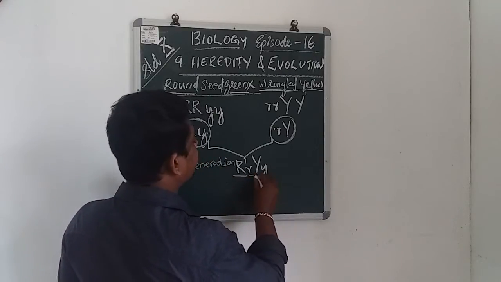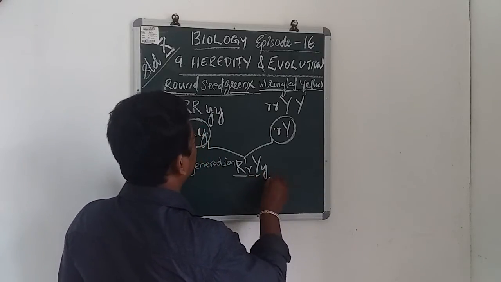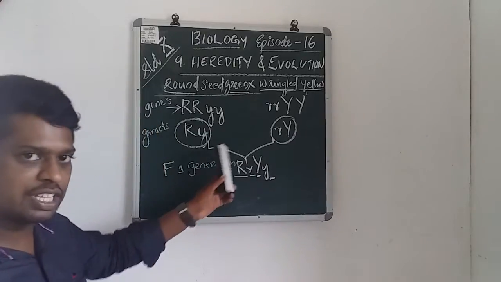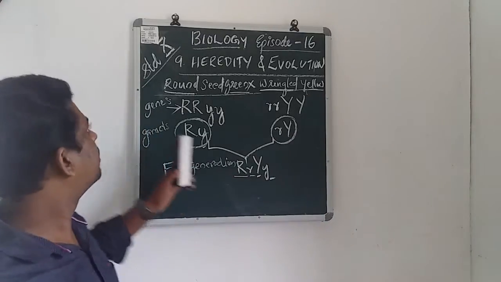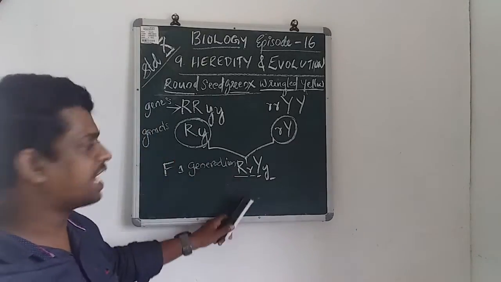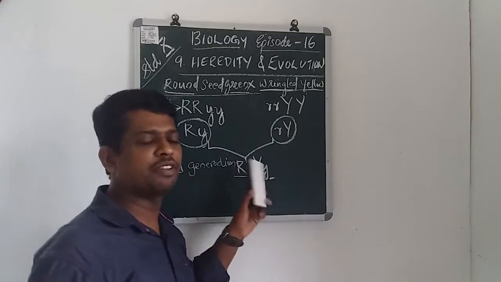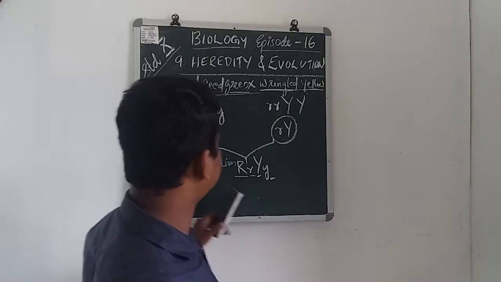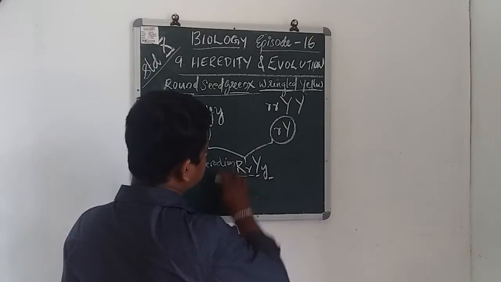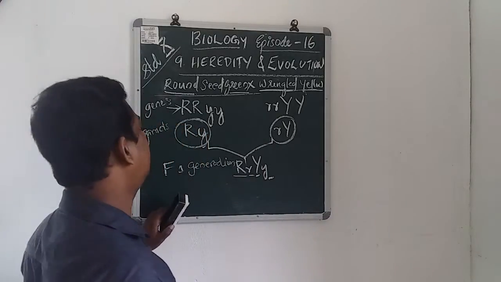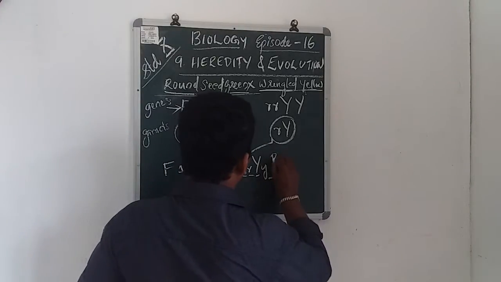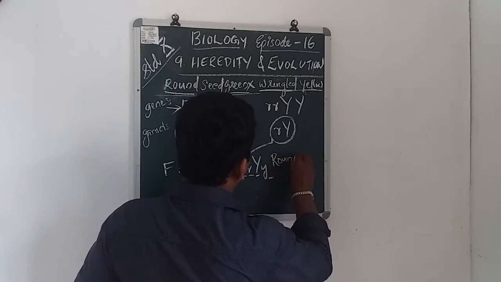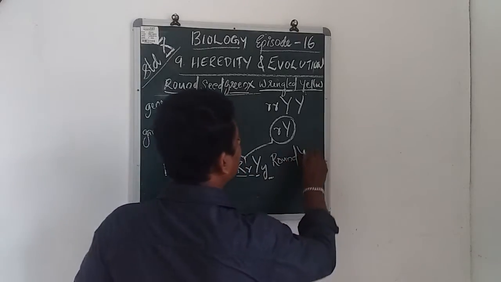Look at that: round, wrinkled, yellow, green. The four contrasting characters are within the F1 generation. But this F1 generation will be round and yellow.